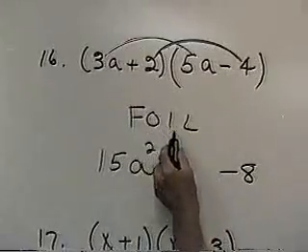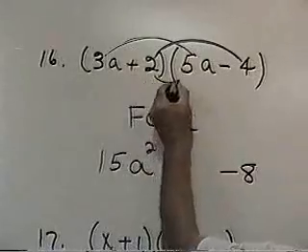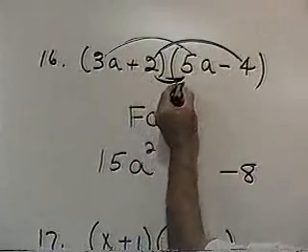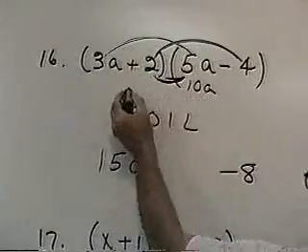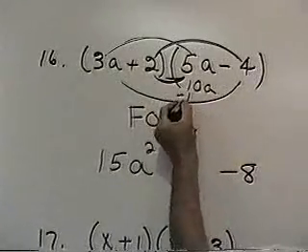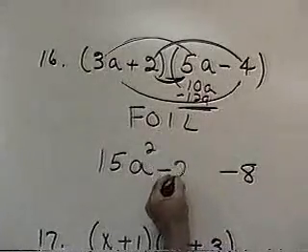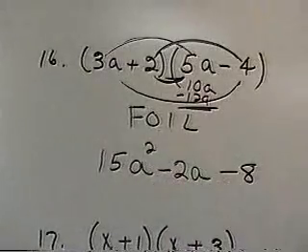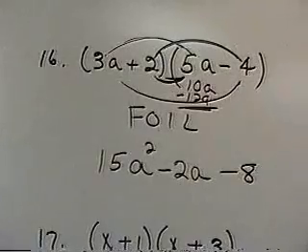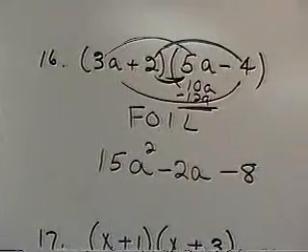And then the O and I stands for outside and inside. So we're going to multiply the inside, that's 10A, and the outside, that's minus 12A, and we're going to add those up, and so we get a minus 2A. Oops, that's a brand new concept, isn't it? Well, let's start all over again.